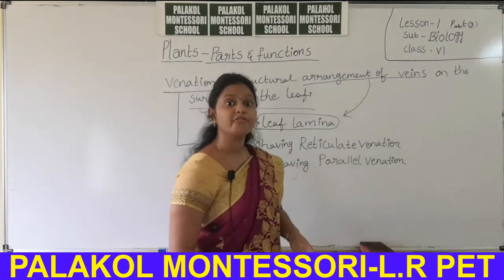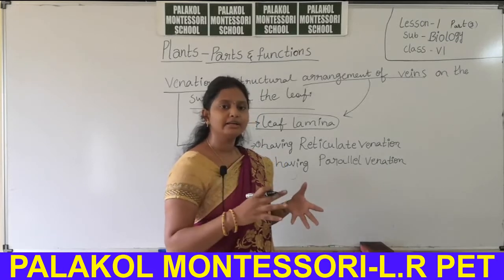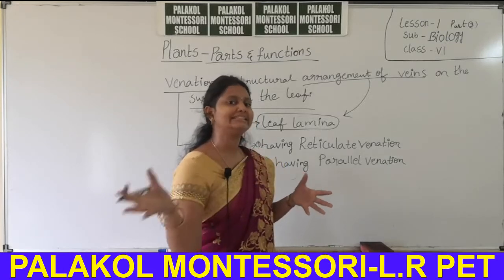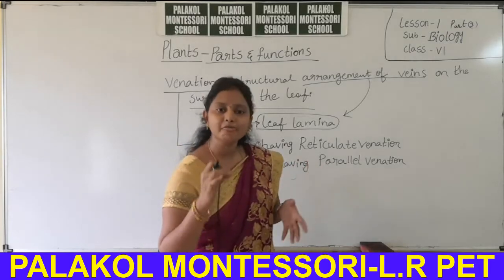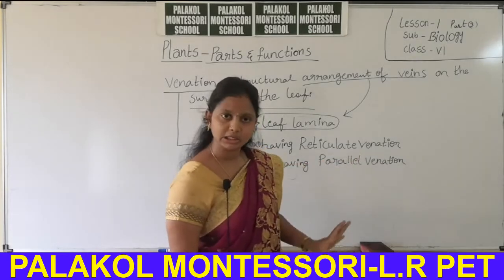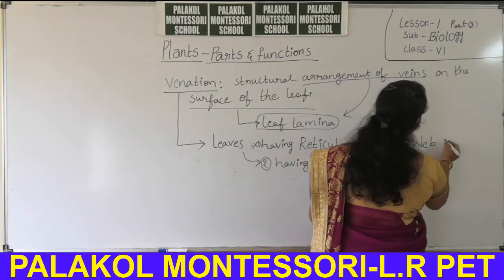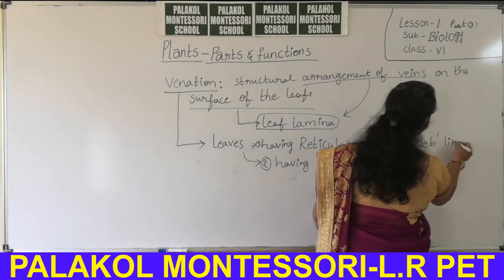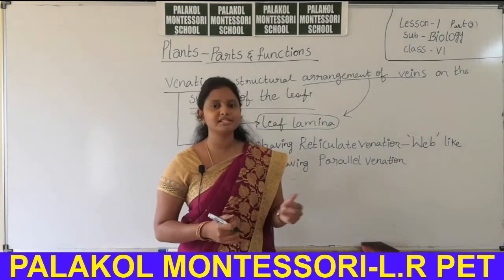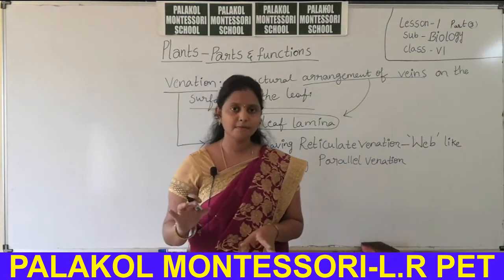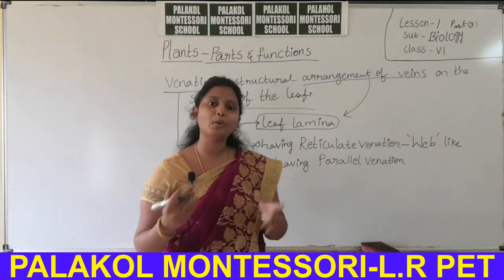Reticulate means web-like, network-like. The network is arranged in continuous branches without any proper order. That is called reticulate, web-like. A spider forms webs, is it correct? There is no similarity between one web of the spider and another web. So a web has continuous branches without any proper arrangement.